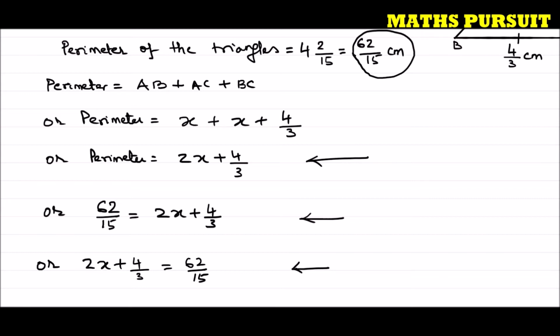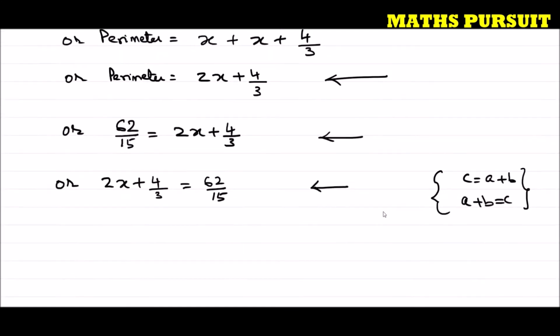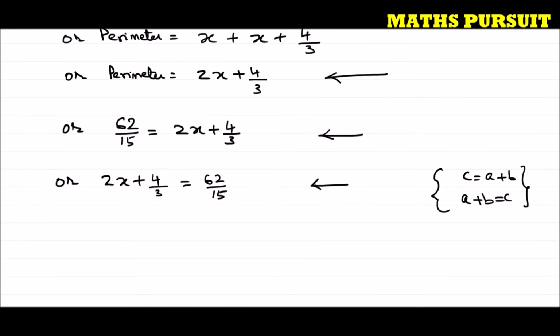This is the same as the equation C is equal to a plus b, which we can write as a plus b is equal to C. Nothing is going to be changed. Hope you are clear till here. We got 2x plus 4 upon 3 is equal to 62 upon 15.